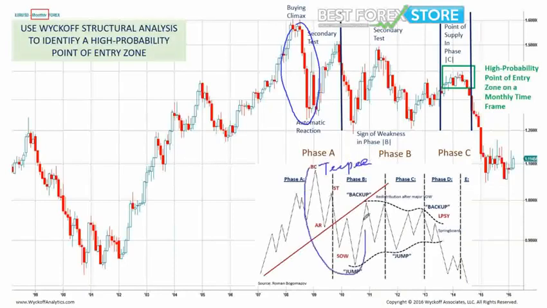And in a TP formation, again, we're going to have the lower lows going into phase B, and that's because supply is being provided right away by big institutions, and we have a lot of signs of weakness here in phase B. And that's because institutions are selling right away. They're not waiting for the trading range to develop to sell. They want to get rid of the position right away.